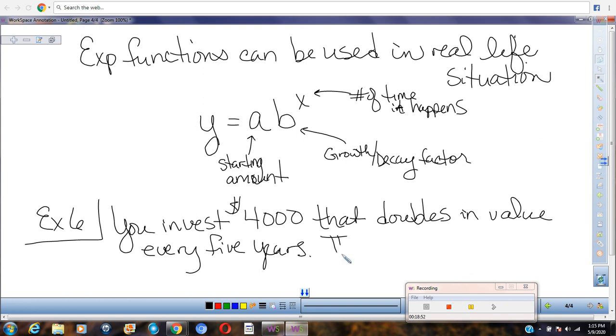The model f of x equals 4,000. Again, that's that starting amount.